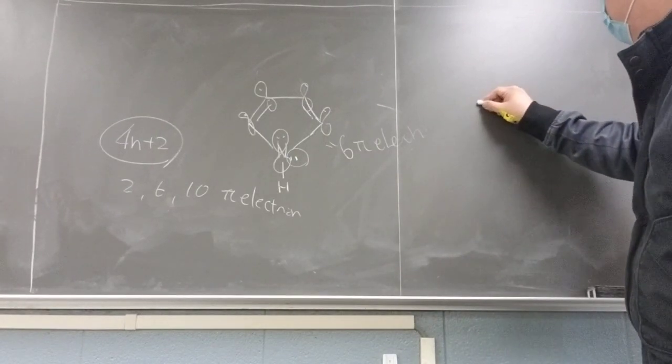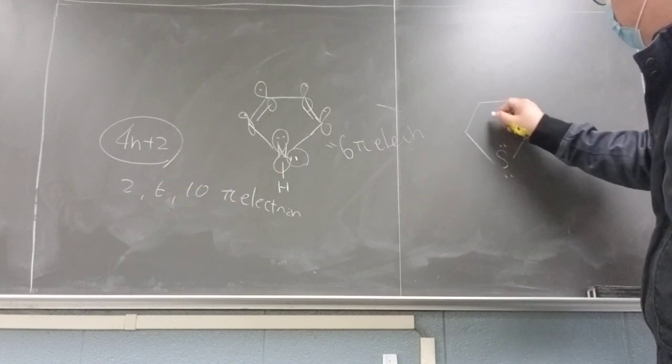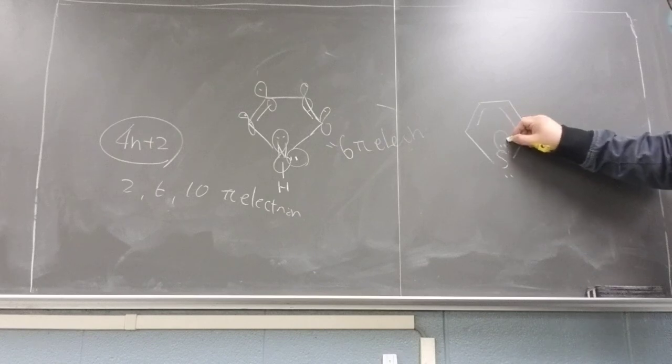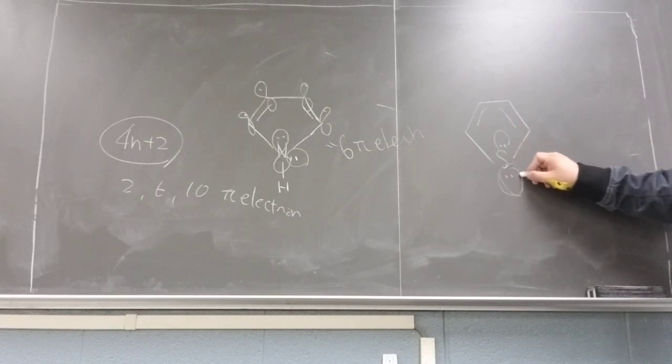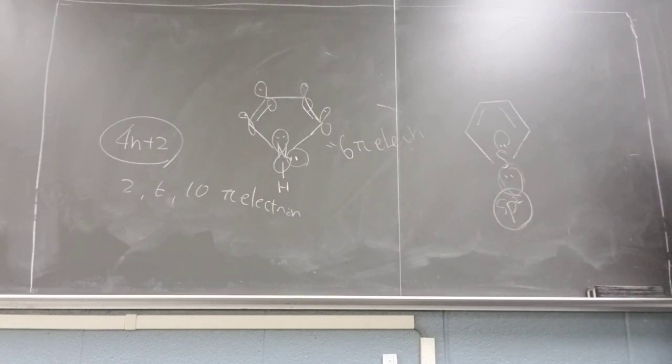Then we can do another one. Slightly tricky because you have 2 lone pairs, but in this case, one lone pair will be in sp2. So we talked about this last week.